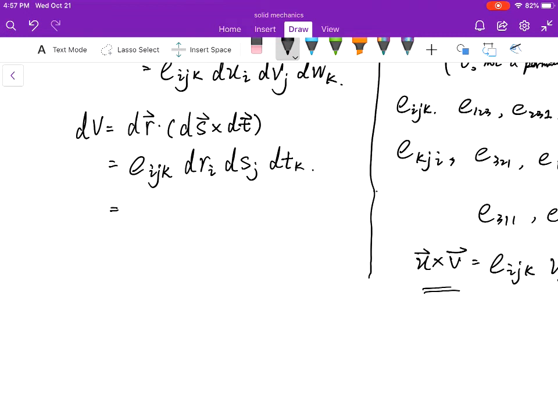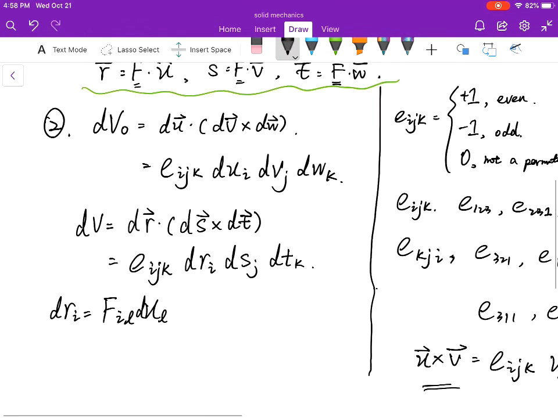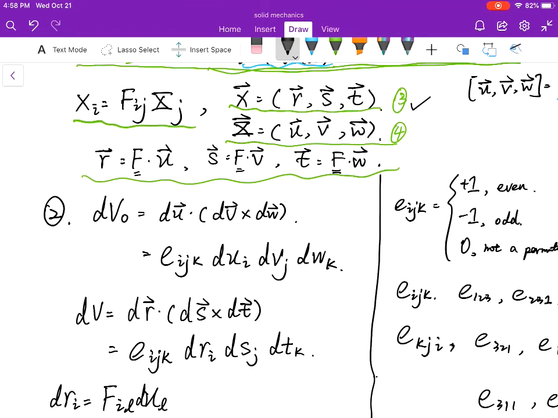further, we can write this dri as F_iL times dU_L, right? From this relation.